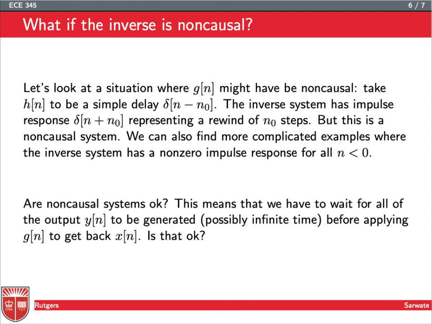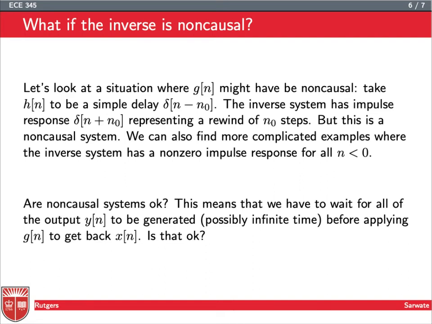So the one question is, are non-causal systems okay? I mean, you'd have to wait for all the output y of n to be generated before you can apply the inverse. So are you really inverting the system? Or are you just saying, let me produce this infinite length signal, and then I will process this infinite length signal and get back the original signal? Is that really inverting the system, because you're not doing it in a realizable sort of way?